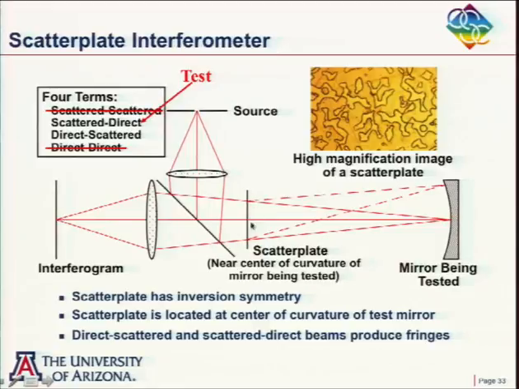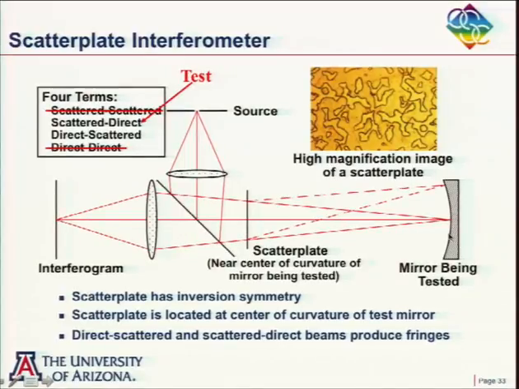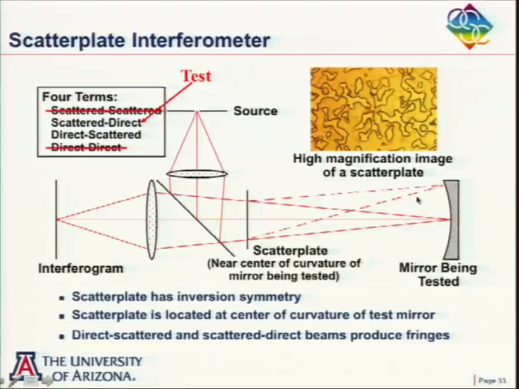The scattered direct beam, that's going to turn out to be the test beam. So the light is scattered here, and it's going to cover this entire surface, okay? And so any height variations, any errors in this surface, that's going to affect the scattered light when it's reflected off of here.